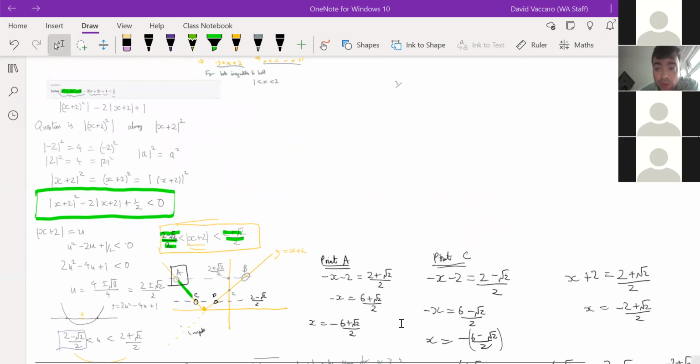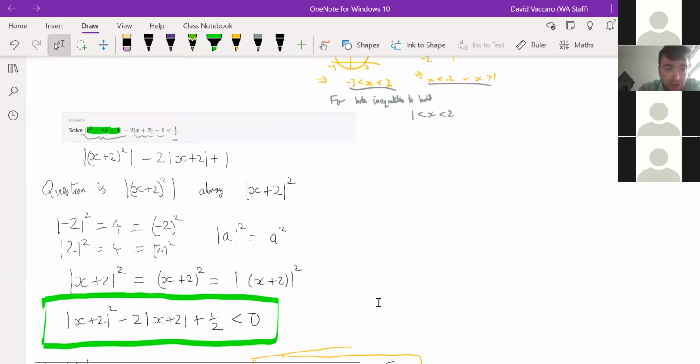Okay, so what were the morals of that question? This early part points to the need to think at the start of the question, to spot a way to simplify.